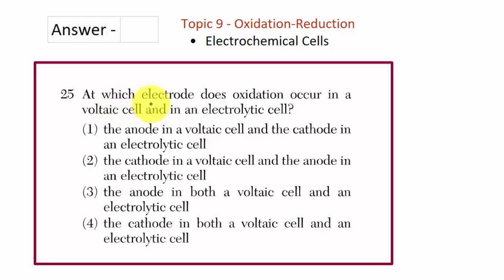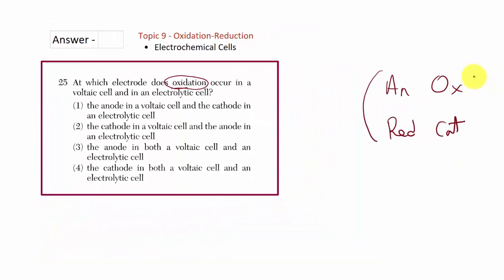Question 25. At which electrode does oxidation occur in a voltaic cell and in an electrolytic cell? Well, in all cases of electrochemical cells, oxidation occurs at the anode. One way to remember this is the little phrase AN OX, or the little phrase RED CAT. An Ox and a Red Cat, or you can put that together in some way that works for you.